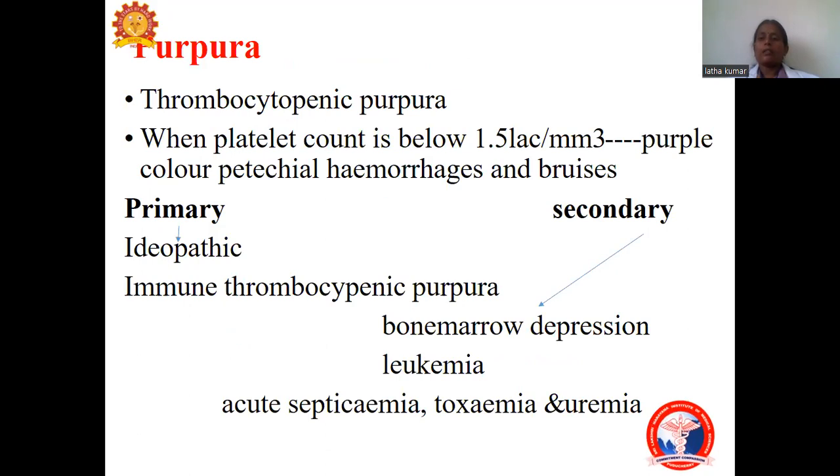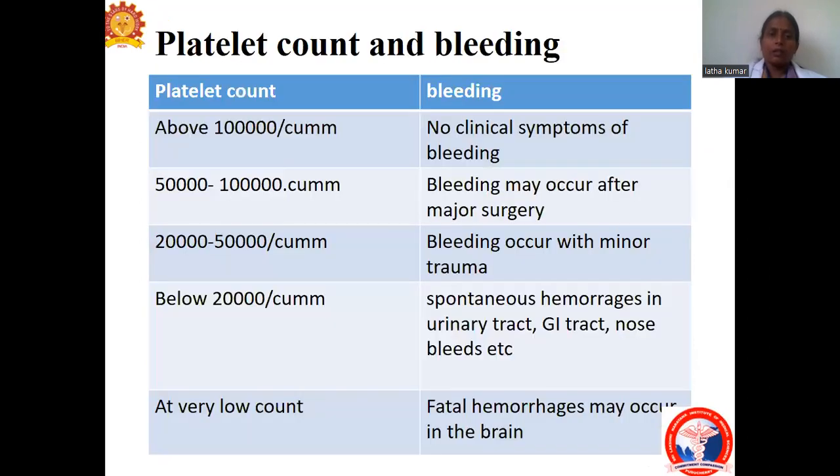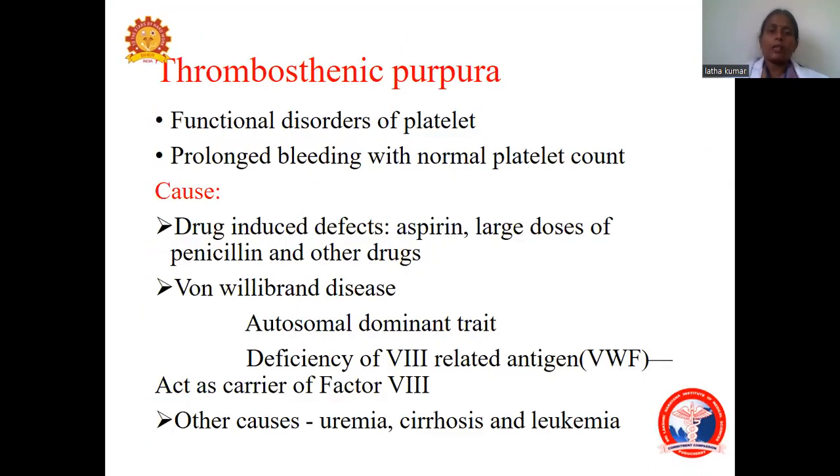In platelet disorder, there is a decreased number of platelets and non-function of the platelets. Decreased number of platelets produces purple colored petechial hemorrhages. That is called thrombocytopenic purpura, and the functional disorder of the platelet is called thrombasthenic purpura.